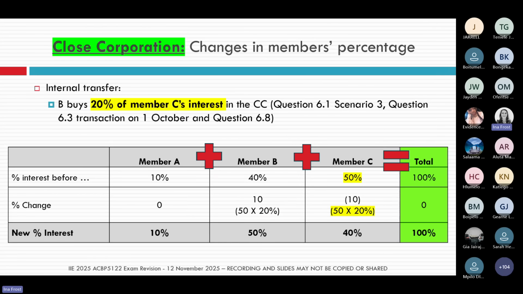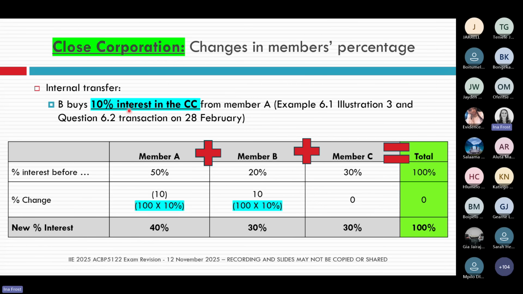But in the next scenario, member B buys 20% of member C's interest. In other words, 20% of 50%. So please, when you do these types of questions, read them really carefully. Is the member getting 20% of a particular member's interest, or is he getting that percentage of the entire closed corporation? Because it does make a difference in your percentages.